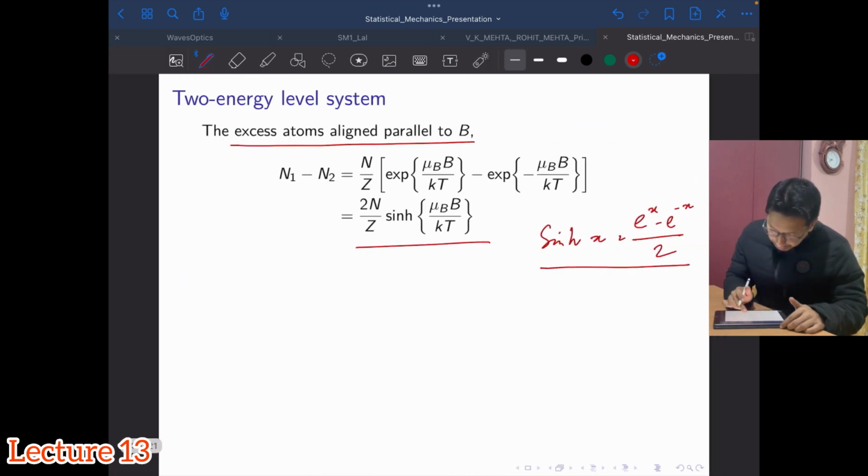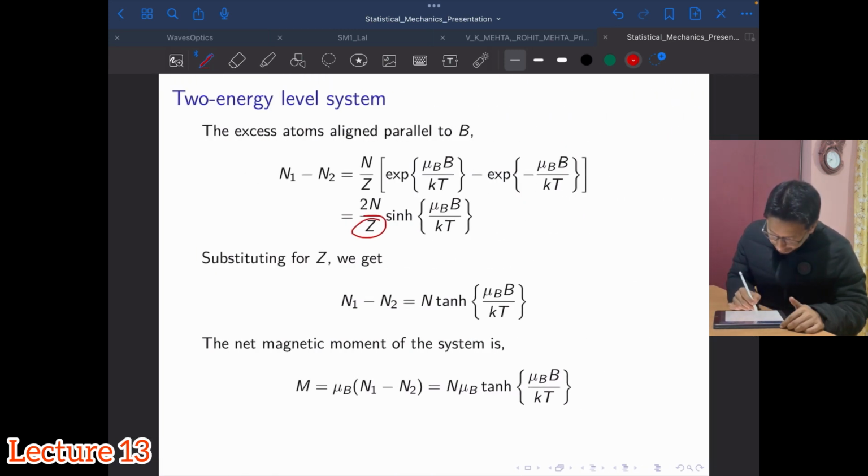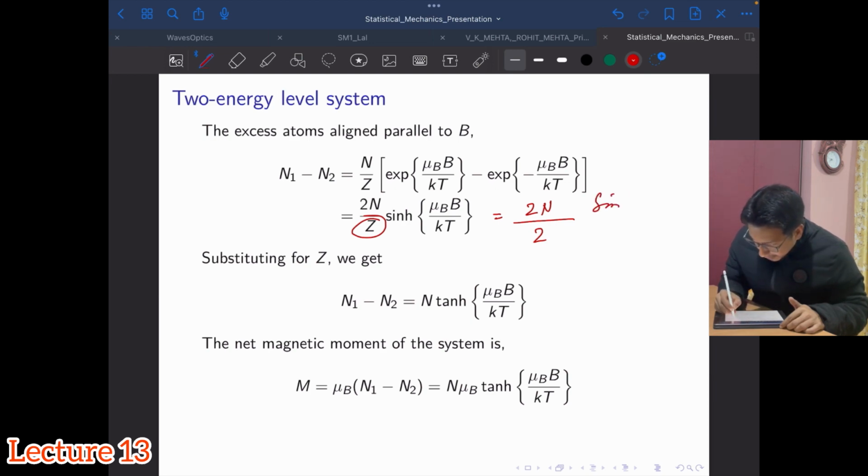So if I substitute for Z here, I get sine hyperbolic of this particular term.